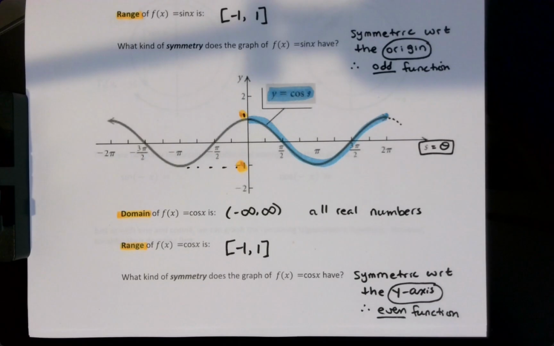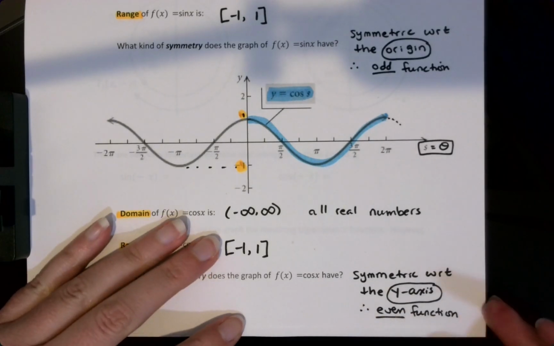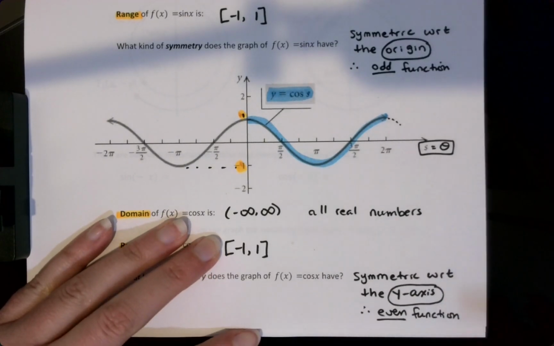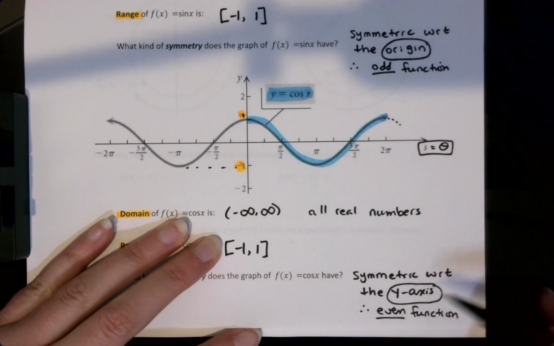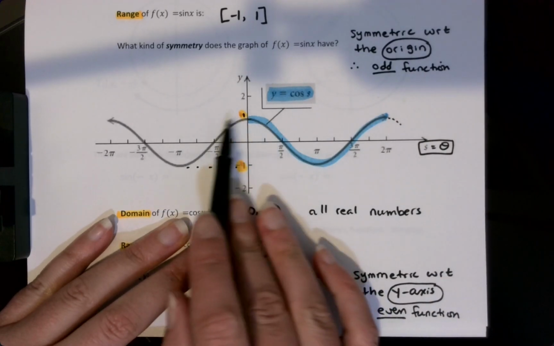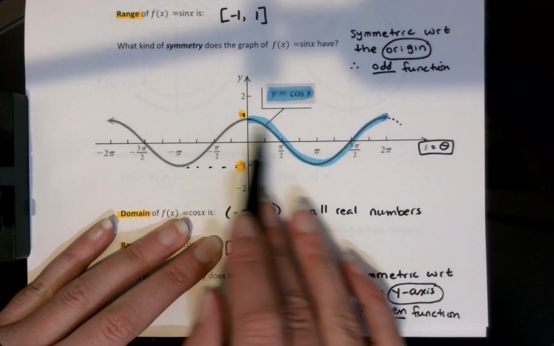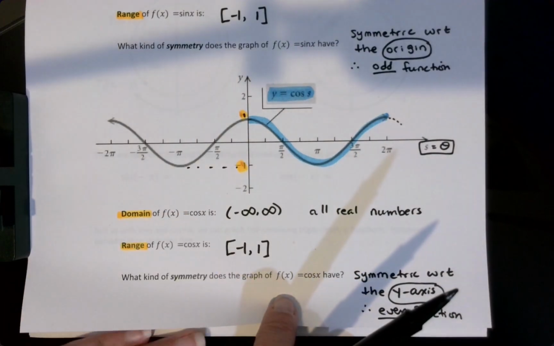None of these should be symmetric with respect to the x-axis, because then they would not be functions. Again, remember that from earlier. The only two types that are functions are going to be symmetric with respect to the origin or with respect to the y-axis. This is symmetric on both sides of the y-axis, so that function is even.